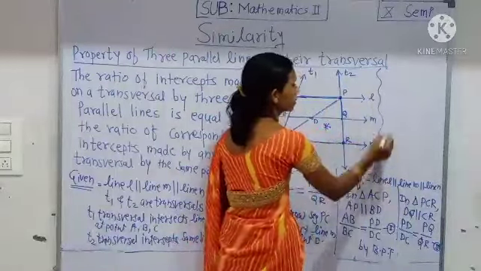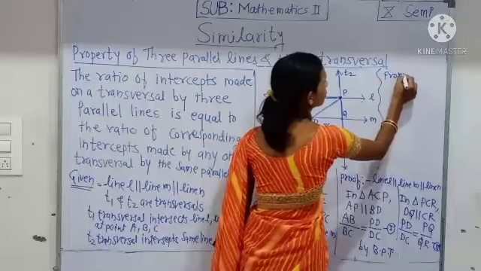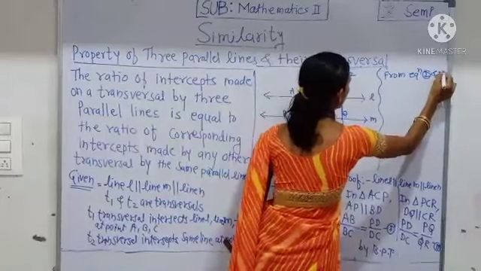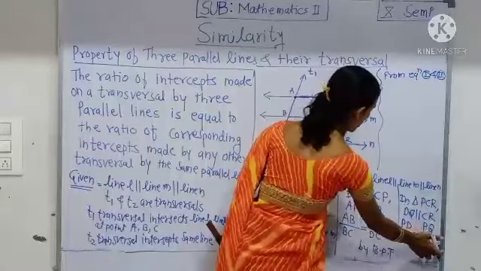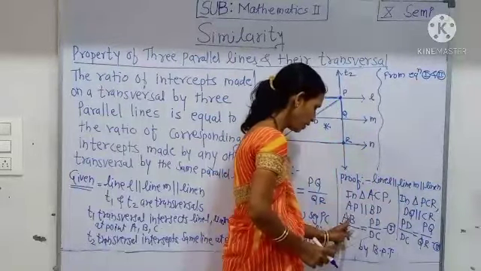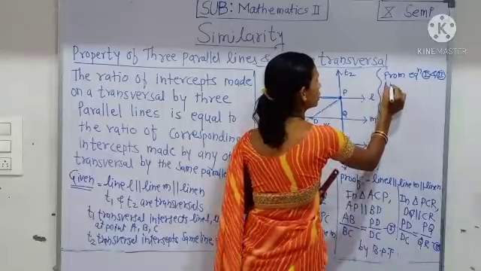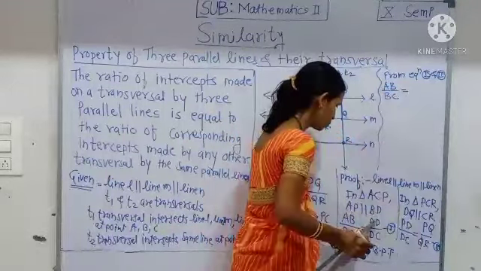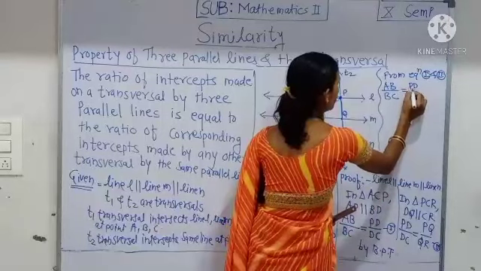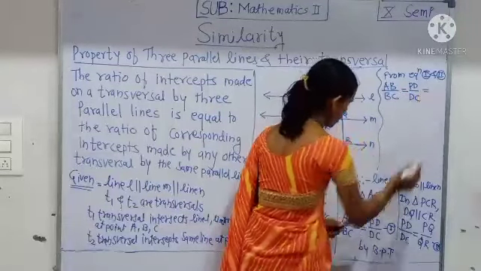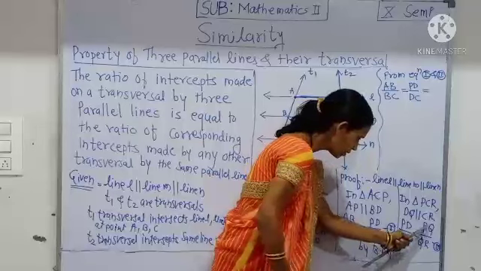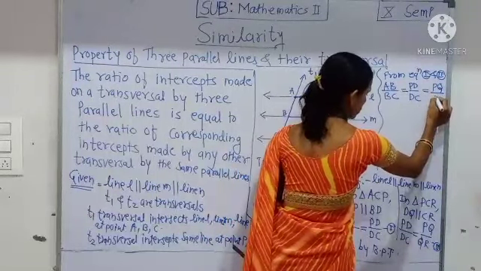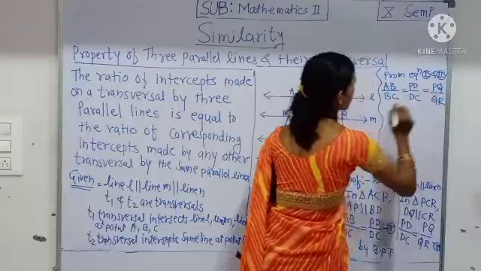Therefore, from equations 1 and 2, AB upon BC is equal to PD upon DC, but PD upon DC is equal to PQ upon QR.